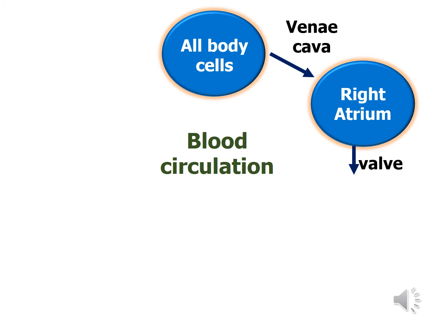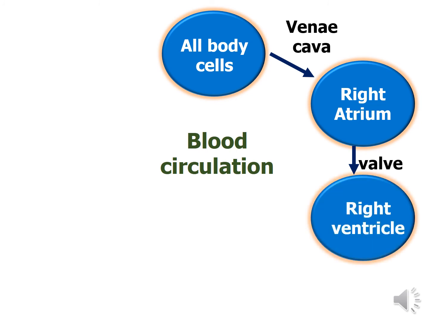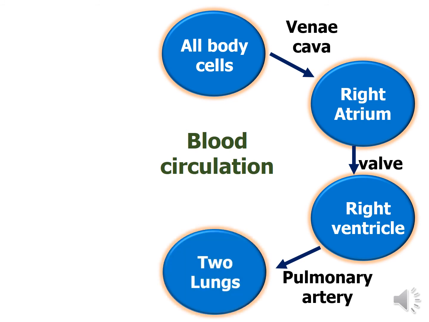From the right atrium through a valve, blood transfers to the right ventricle. The right ventricle pushes the blood through the pulmonary artery to the lungs to exchange gases. Get oxygen gas from the lungs.